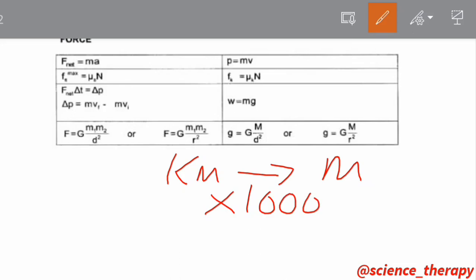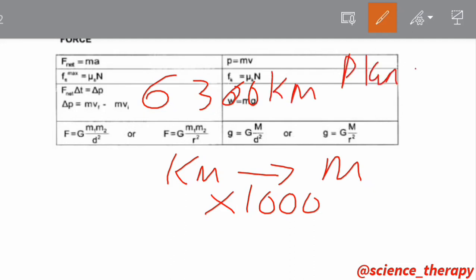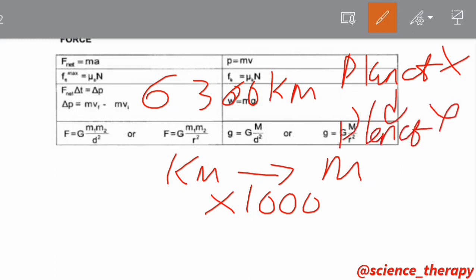But because we'll be given relatively large numbers and we don't want to write those big numbers, the easier way to do this is, let's say we are given a distance of 6,300 kilometers, and they say this is the distance between planet X and planet Y. So the best way to write that is 6,300 multiplied by 10 to the power of 3.